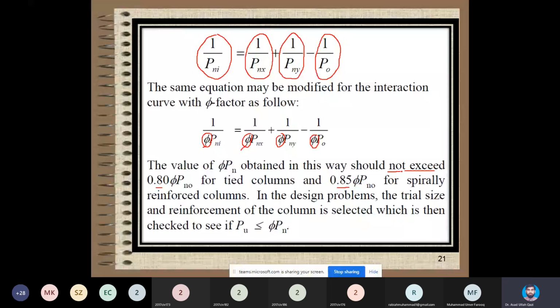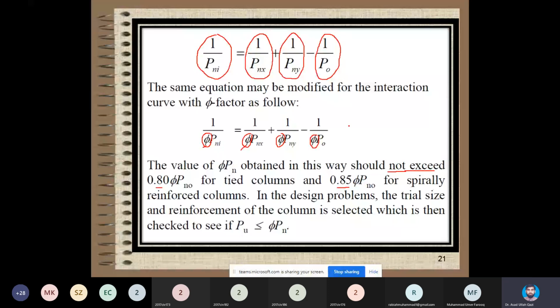You can't exceed it because ACI limits us for safety that this minimum eccentricity reduction should also be applied. So this will remain valid for the columns under biaxial bending and with eccentricities in magnitude which is less than minimum eccentricity.